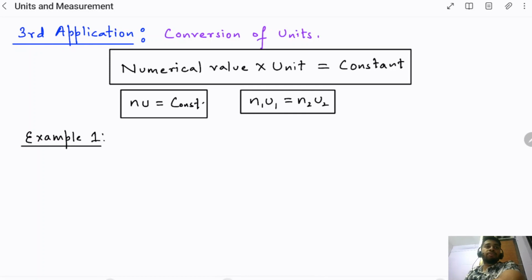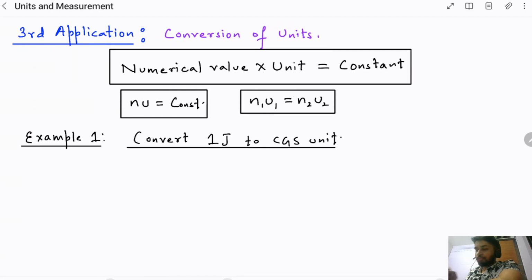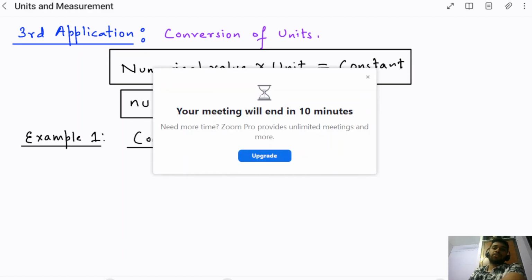We'll take a very basic example, like converting 1 joule into CGS unit. The question is: convert 1 joule to CGS unit. So here the first step is to write the dimensional formula for the physical quantity which is being converted.